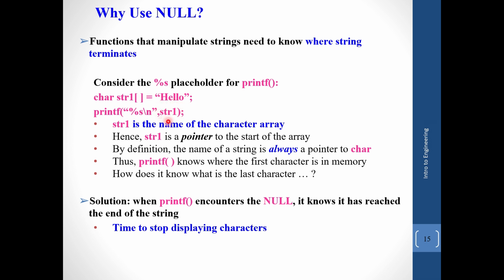What is the name of the array? The name of the array is a pointer to where it starts in memory. Remember, the pointer actually holds the address. It points to the start of the array in memory. That means, by definition, every single time we declare a string, its name is always a pointer to a char. It points to the beginning of my character array.